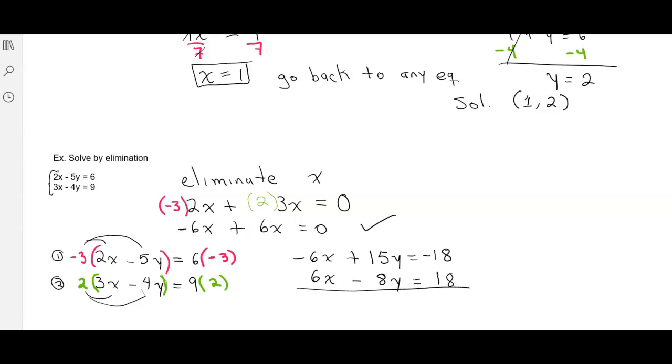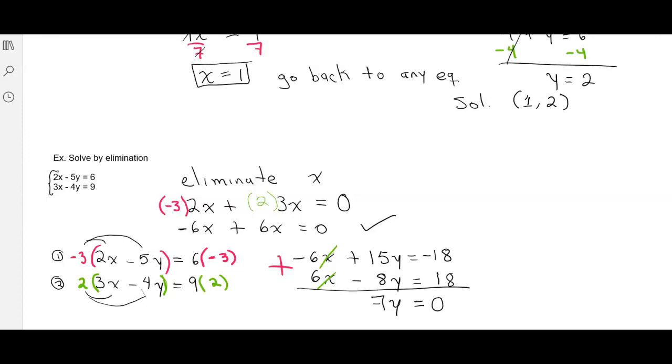Now, we're going to do the vertical addition between these two equations. And notice that these two numbers will eliminate each other. We are left with 7y equals 0, since -18 plus 18 is equal to 0.